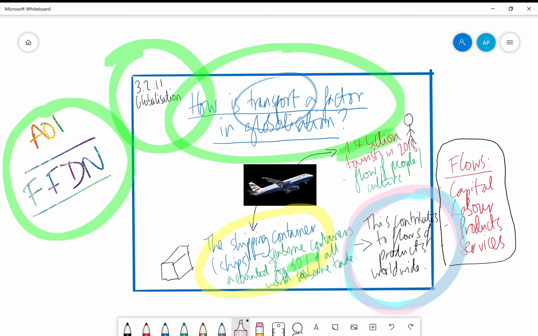Flashcards are meant to be for yourselves as students, for you to use, but they should be something that you could hand to a member of your family and have them test you and help you out. Flashcards are not meant to reduce all learning to a bit of paper. They're meant to be something where you can confidently say, look, everything I know about transport in relation to globalization is on here.